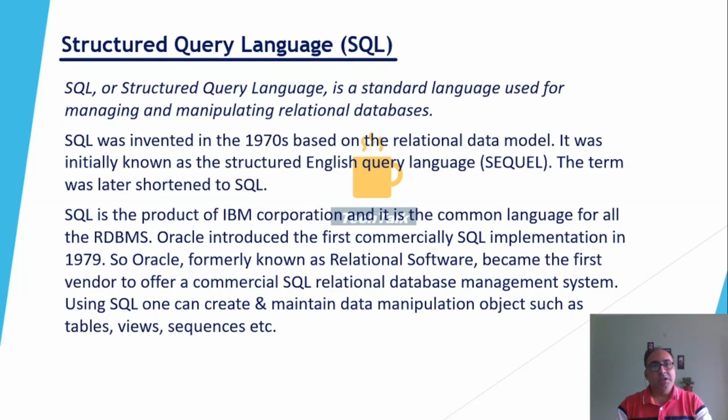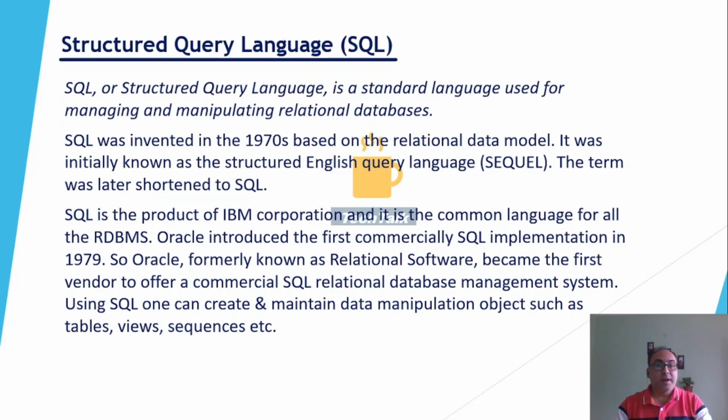It was invented in the year 1970 based on the relational data model. At that time, it was known as Structured English Query Language. Later on, the word English was removed from this terminology, and it was renamed Structured Query Language. SQL is basically a product of IBM Corporation, and it's a common language for all the RDBMS.